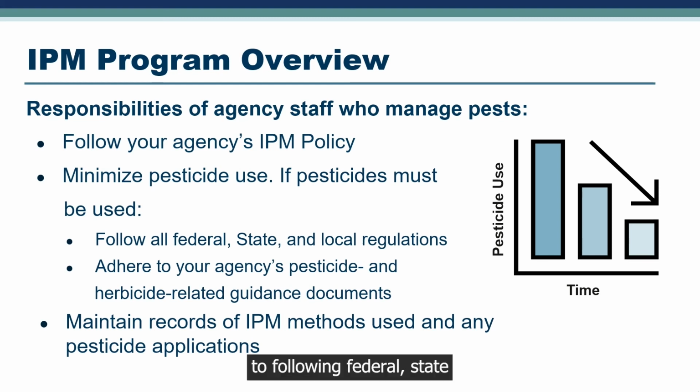In addition to following federal, state, and local regulations, know this: the label of the product is the law. It is a legal contract and it has to be followed. If you do not follow it, you have made that product far less efficient. And now you risk having to spray again, risk having wasted a lot of money, and you broke the law. So there you go, follow all these regulations.